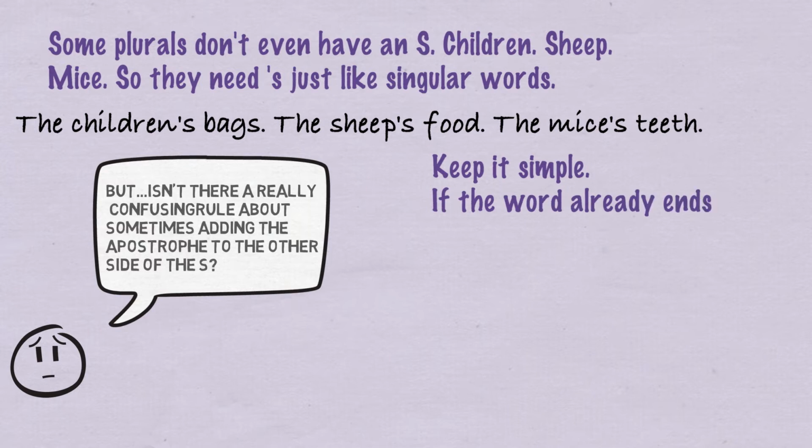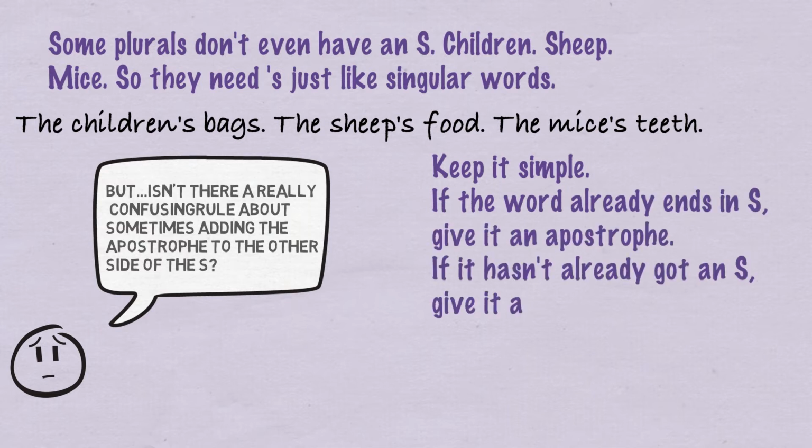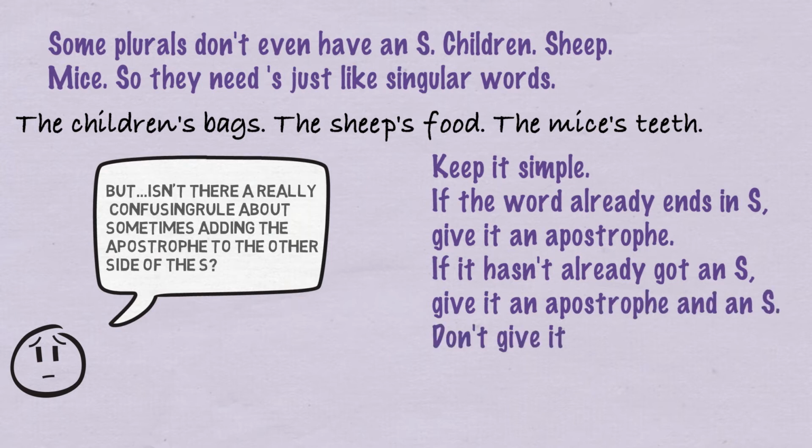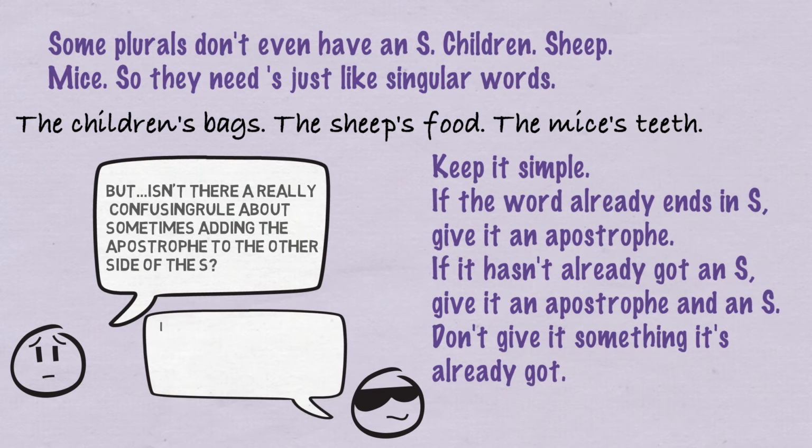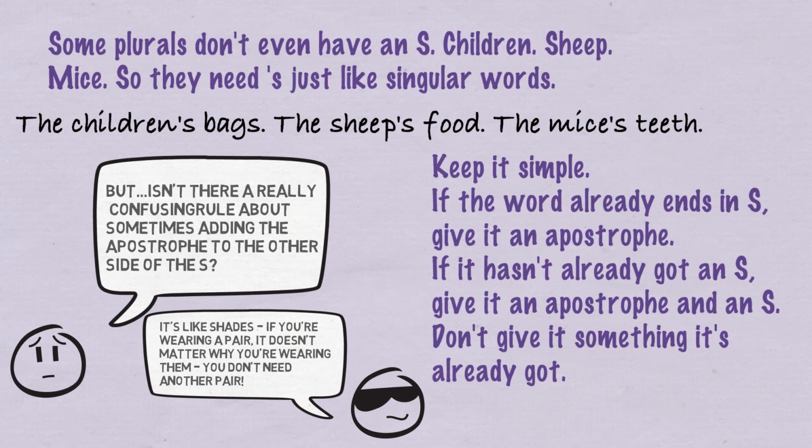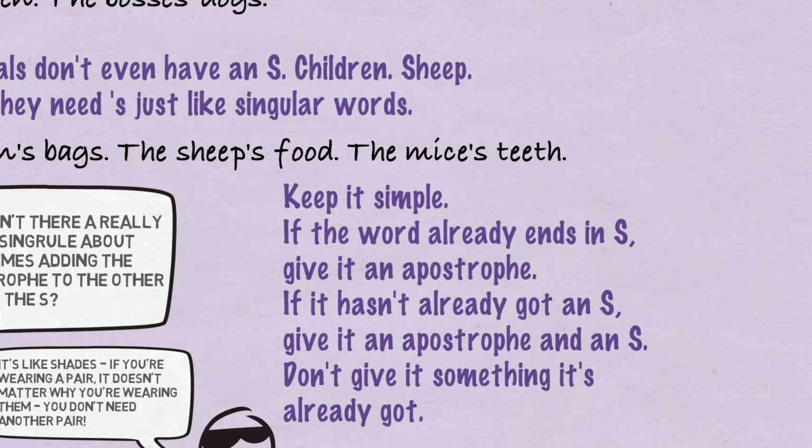If the word already ends in S, just give it an apostrophe. If it hasn't already got an S in its possession, give it an apostrophe and an S. Don't give it something it's already got. And there's an example for you. It's like shades. If you're wearing a pair, it doesn't matter why you're wearing them, you don't need another pair. If the word's already got an S, it doesn't need another one.